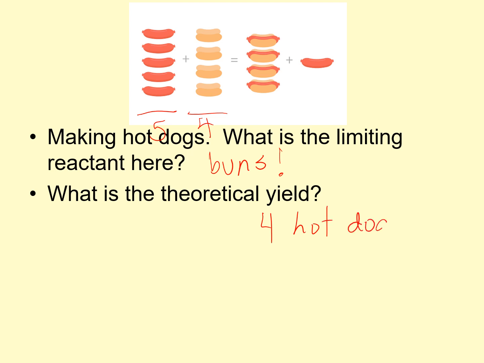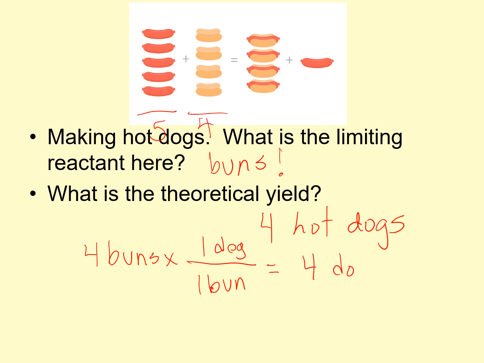So how do you figure out a theoretical yield? Use your limiting reactant. How do you figure out your limiting reactant? Well, we can do it this way. We can say we have 4 buns times 1 bun for 1 dog, and then we find out that we need 4 hot dogs, 4 dogs.